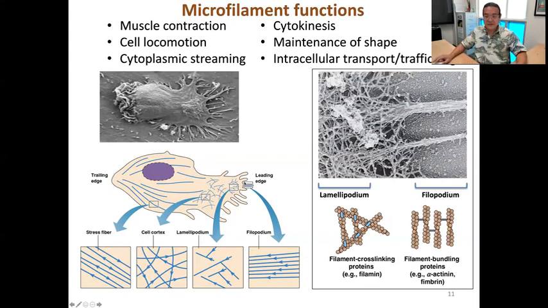So let's pretend we're zooming in on these two little regions here, the lamellipodium and the leading edge, and this is what you would see. In the lamellipodium region, you'd have these microfilaments crisscrossing, held together, stapled together by other proteins, like these little blue filaments that are like staples.